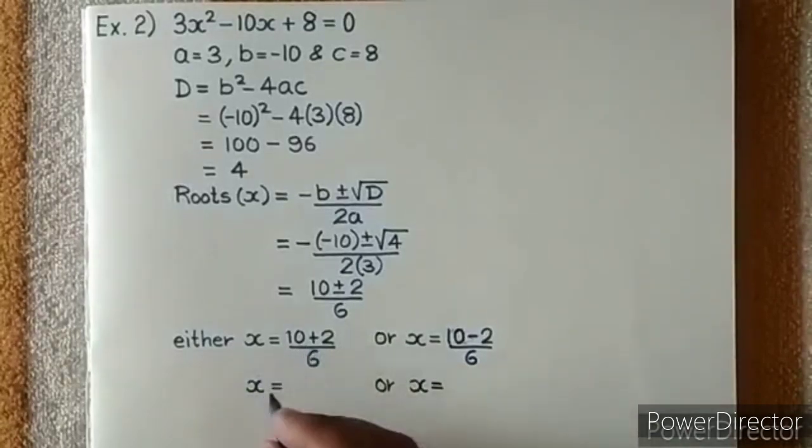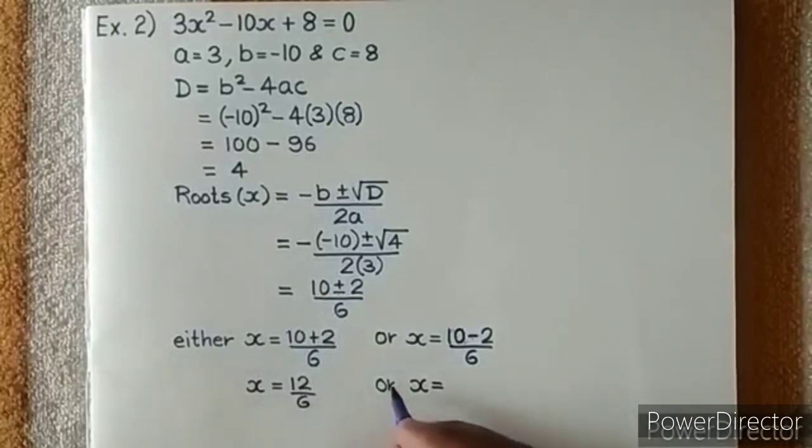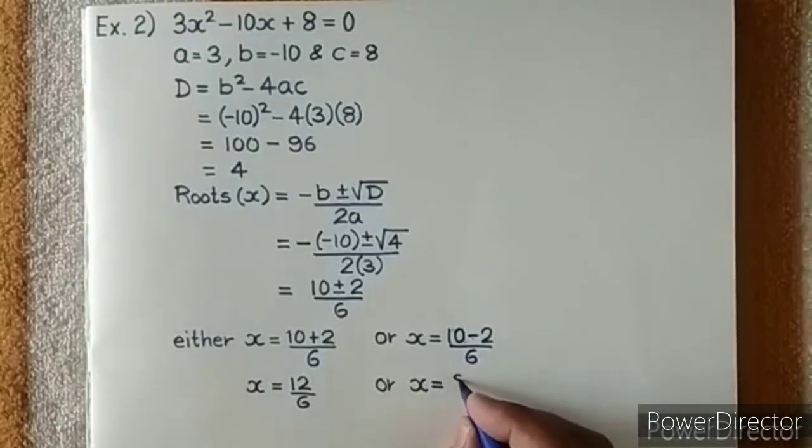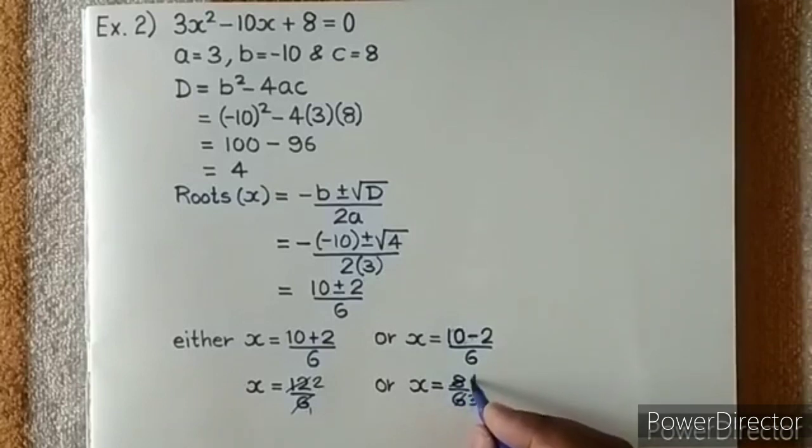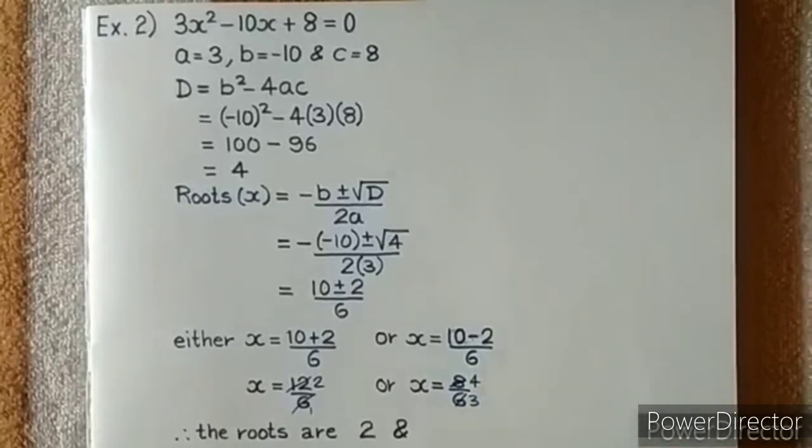So x is equal to 10 plus 2 is 12 upon 6, or x is equal to 10 minus 2 is 8 upon 6, which can be cancelled. 6 1s are 6, this can be cancelled with 2, 2 3s are 6, and 2 4s are 8. Therefore the roots are 2 and 4 upon 3.